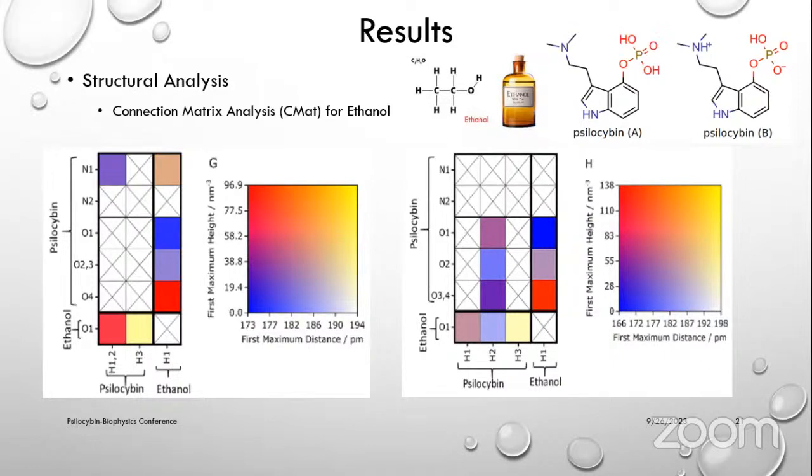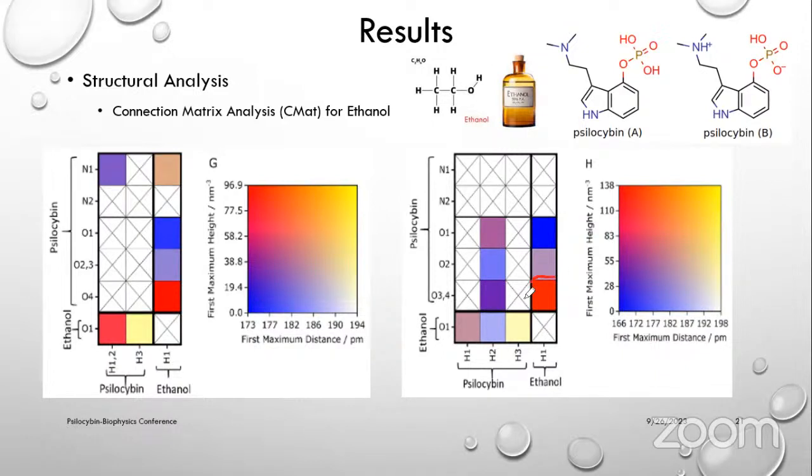Hydrogen 1 and 2 of psilocybin had strong interaction with oxygen 1 of ethanol, but this hydrogen of ethanol had a strong interaction with oxygen 4 of psilocybin. That behavior was also consistent when you check for the interaction with the psilocybin from B.